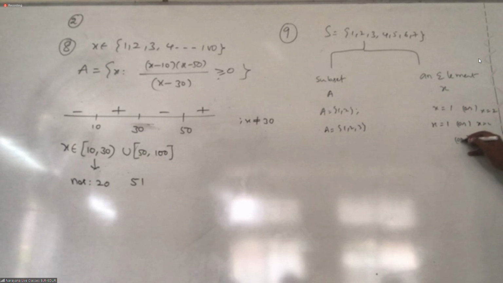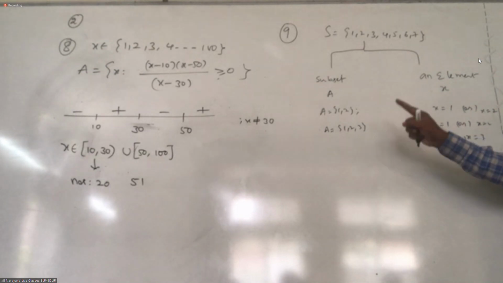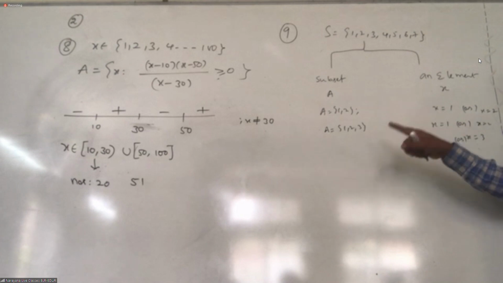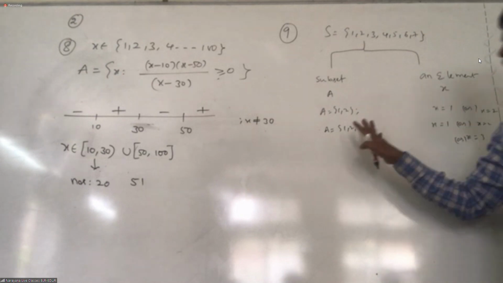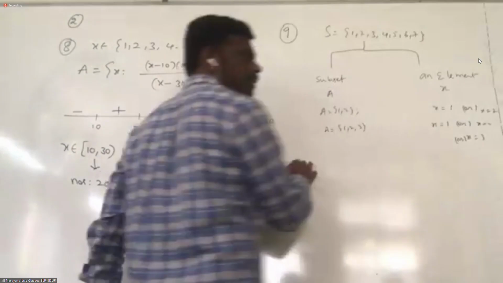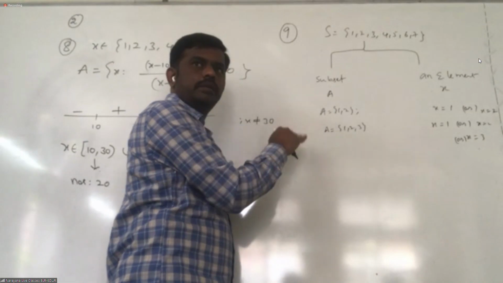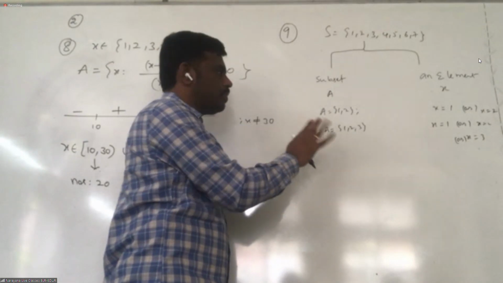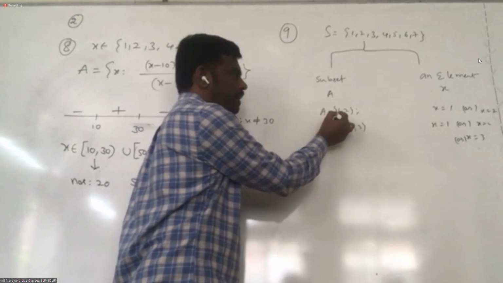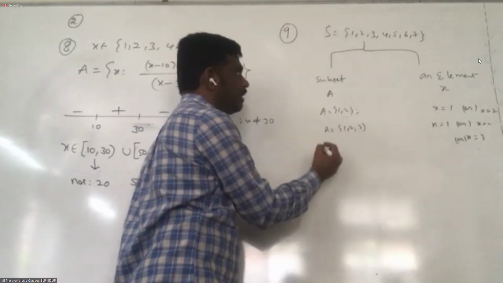Now the question is, how many possibilities do we have to draw the subset? Subset means it may contain one element, two elements, three elements. Got it? Now suppose I am taking only one element out of 7.